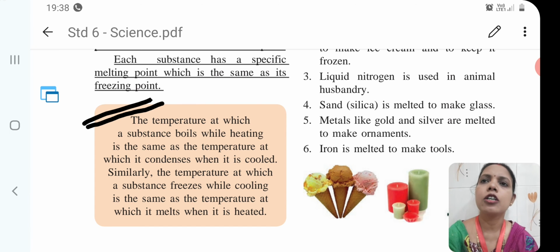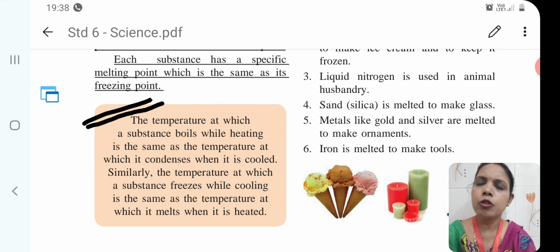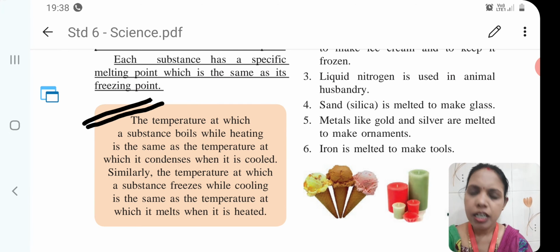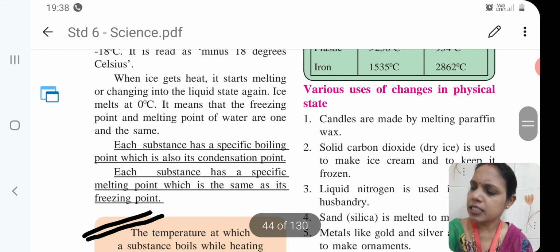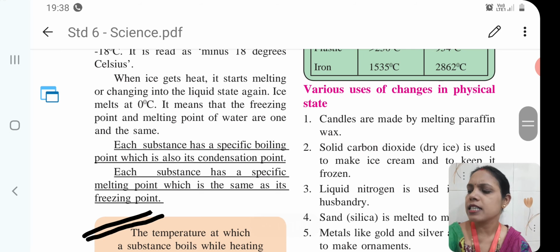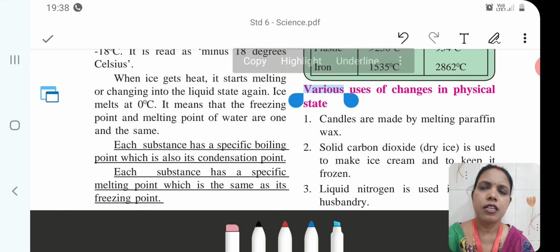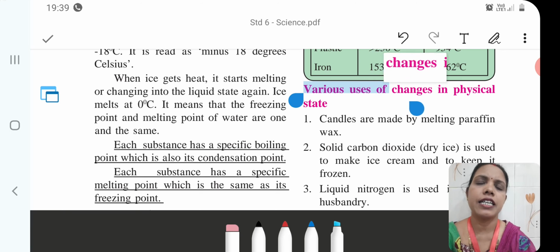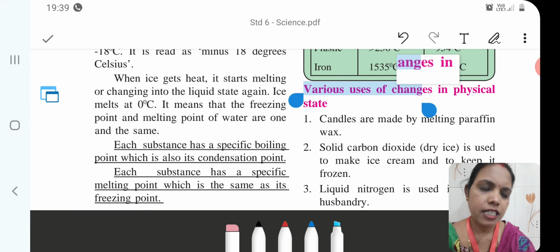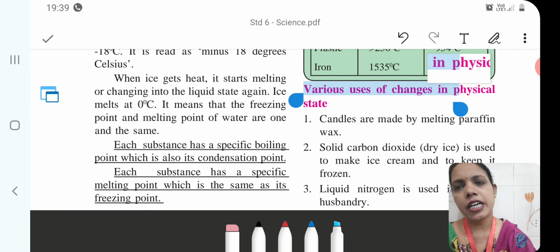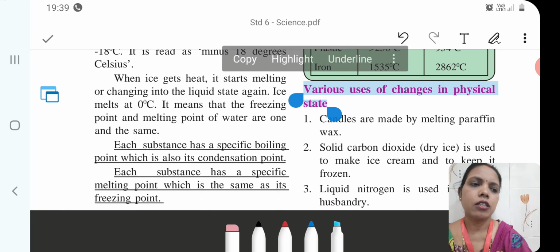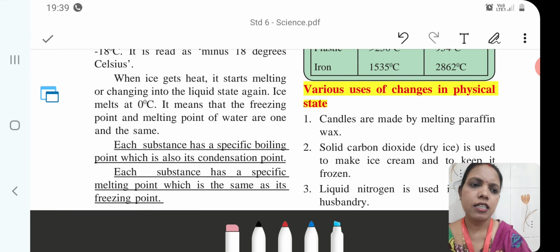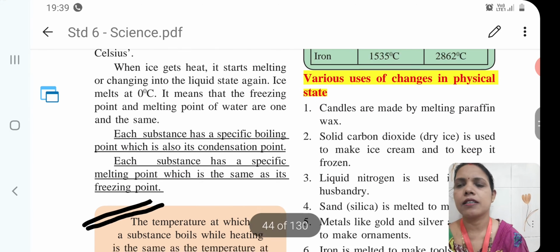So children, now we are going to start our next topic, that is various uses of changes in physical state. Changes in physical state means a change from one state to another without any change in chemical composition.